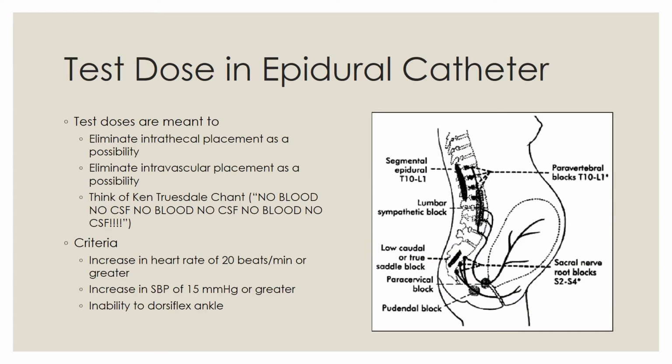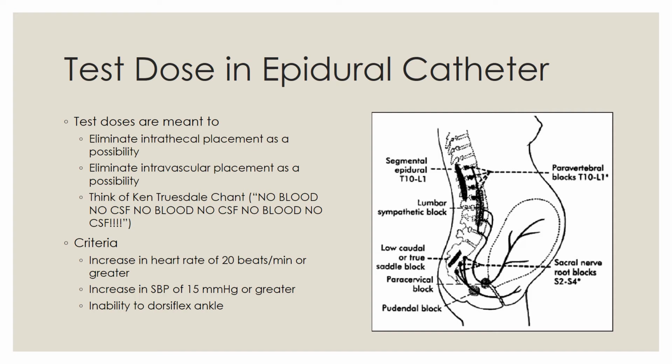All right, this question was about the test dose after epidural catheter placement. Test doses are meant to do really 2 things. It's meant to eliminate the possibility of intrathecal placement, and it's meant to eliminate the possibility of intravascular placement.